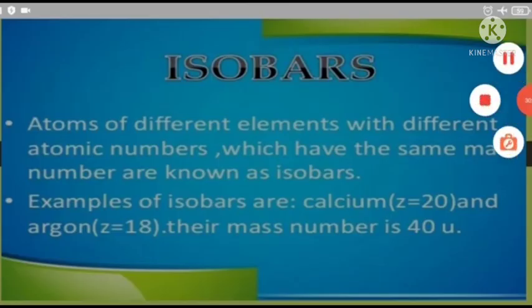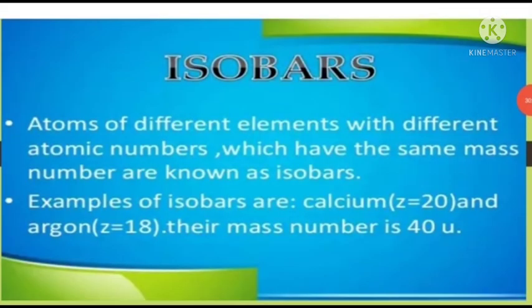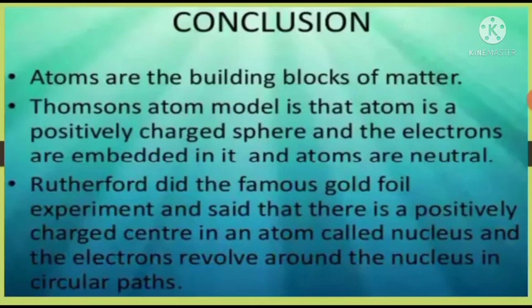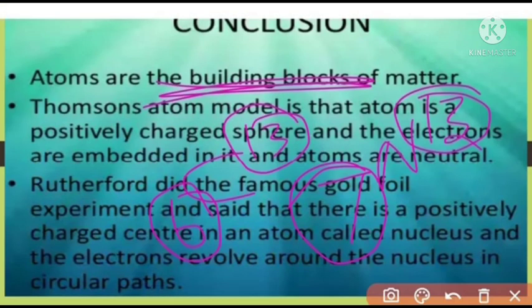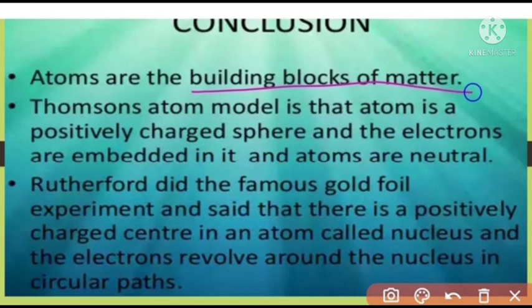So next we are discussing the conclusions of this lesson. Atoms are the building blocks of matter. All matter is made up of a small number of particles. The structure of the atom was described by different scientists in different periods.